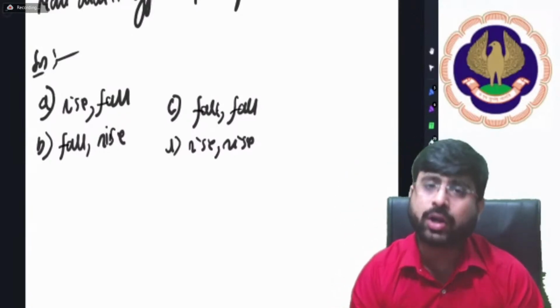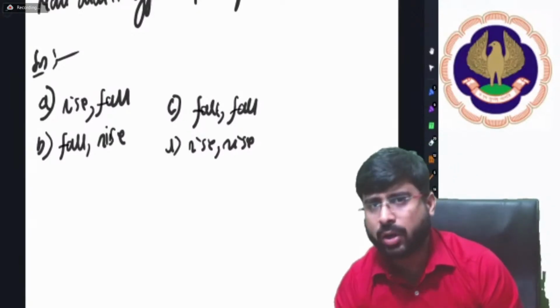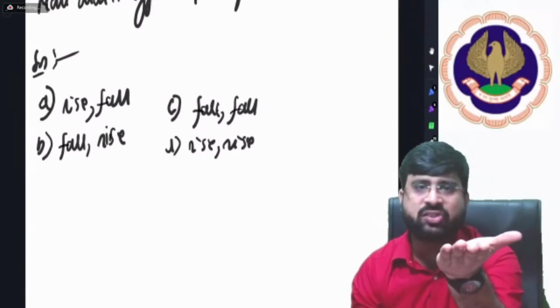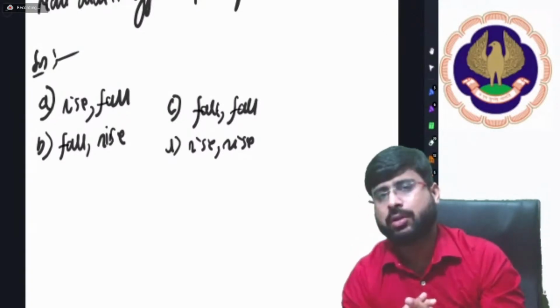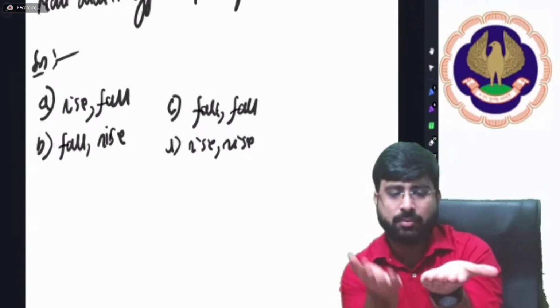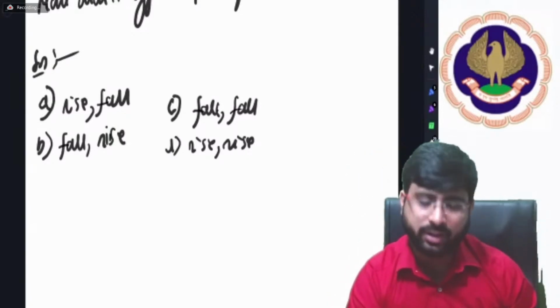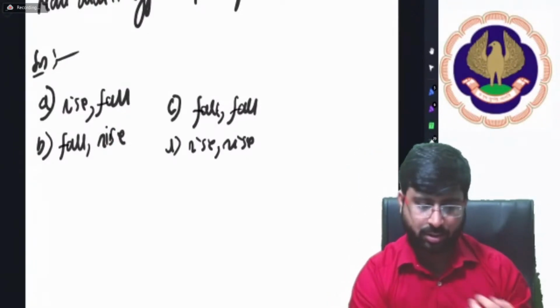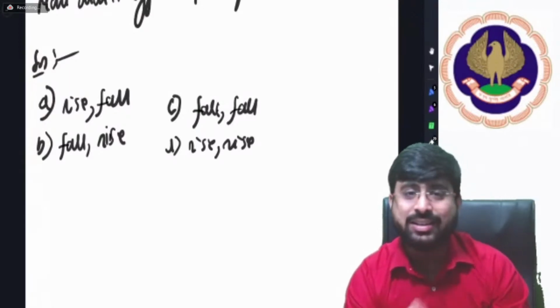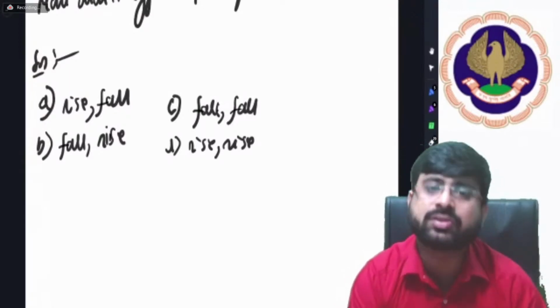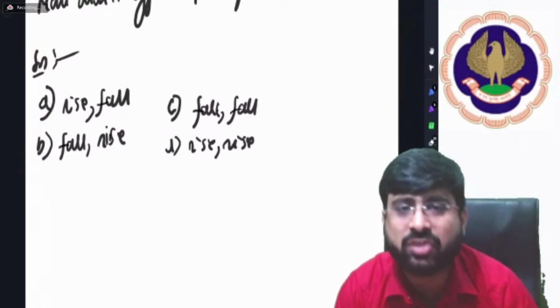Okay. Now what about price? If you have a look carefully, demand remaining the same, supply is going upward. This in turn is resulting in a situation of excess supply, as a result of which prices will fall.